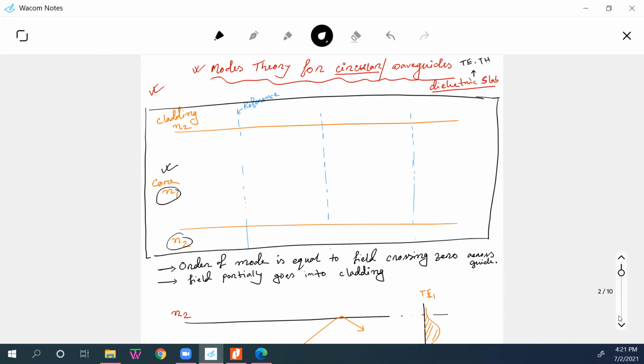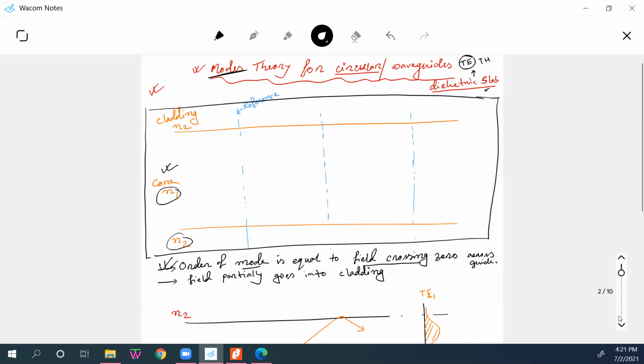Now we see how a typical transverse electrical field is distributed in a dielectric slab. One thing: the order of the mode is equal to the number of field crossings of zero.